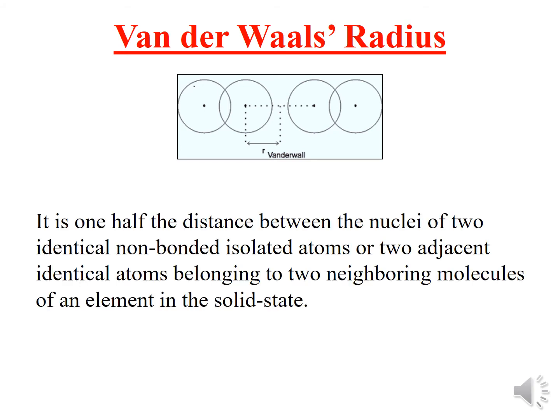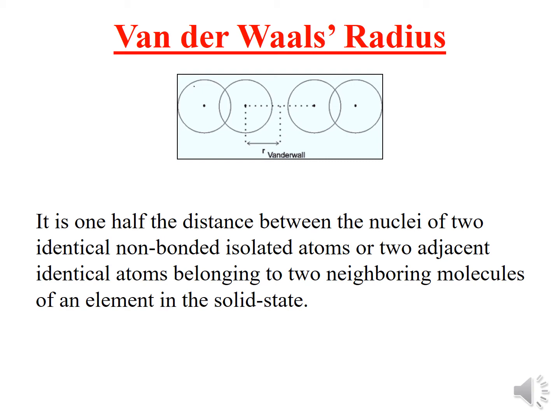It is one half of the distance between the nuclei of two identical non-bonded isolated atoms, or two adjacent identical atoms belonging to two neighboring molecules of an element in the solid state. One half of this distance is known as the van der Waals radius.